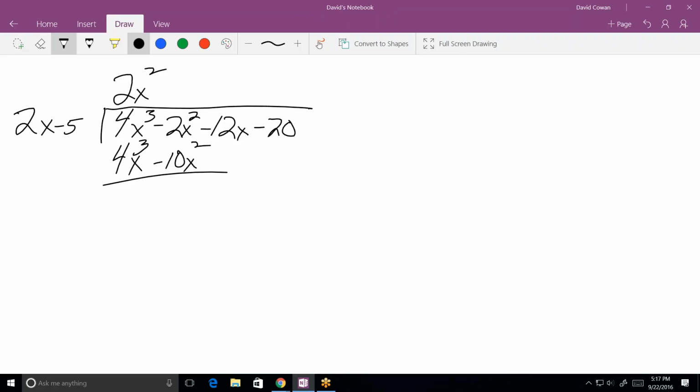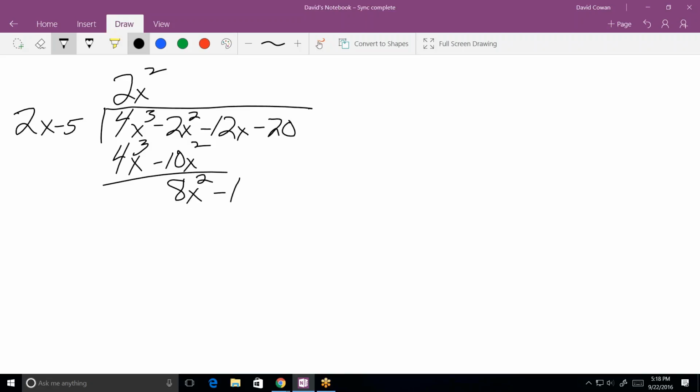I'm subtracting: I got minus 2x squared minus a minus 10x squared. One of the easiest mistakes that you can make in mathematics is to drop negative signs. The most important thing with long division is you're subtracting, not adding. So minus 2 minus a minus 10 is positive 8x squared.